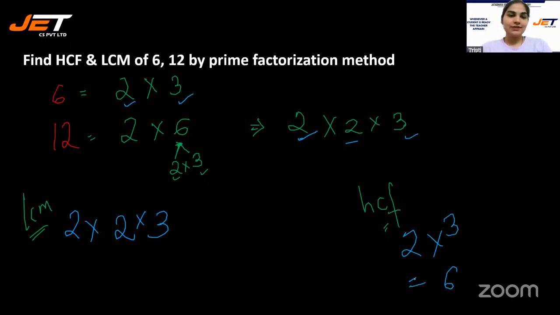So HCF is 6. 2 times 2 is 4, 4 times 3 is 12. LCM is 12 and HCF is 6. That's how you have to do it.